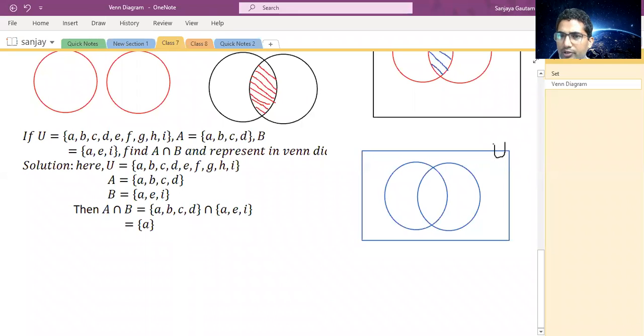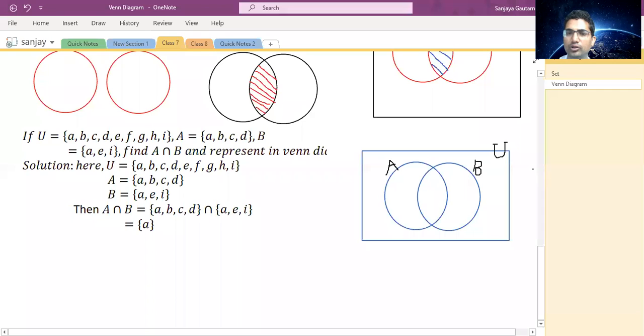Okay, so U, and these sets we can name as A and B. So let's suppose this one as set A, this one as set B.